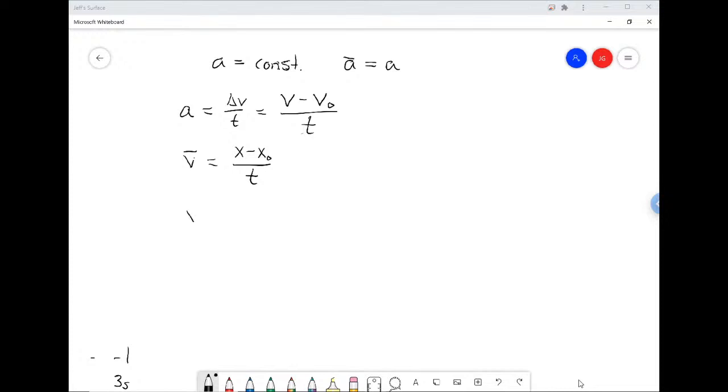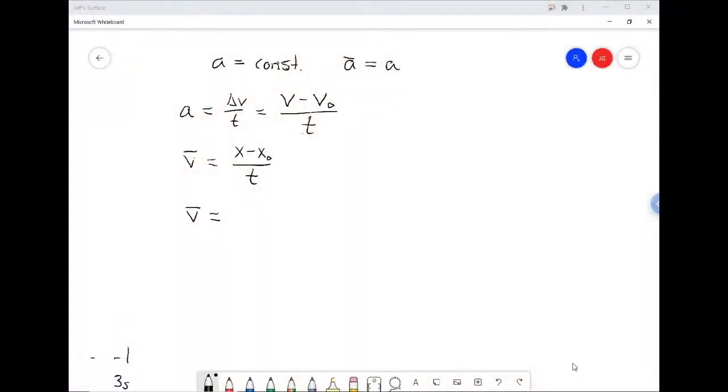This is true because acceleration is constant. If you think about it, this makes complete sense. If you have a quantity and you want to know what its average is over an interval of time, and that quantity can change, because it could be accelerating or decelerating, but the rate of change is constant.